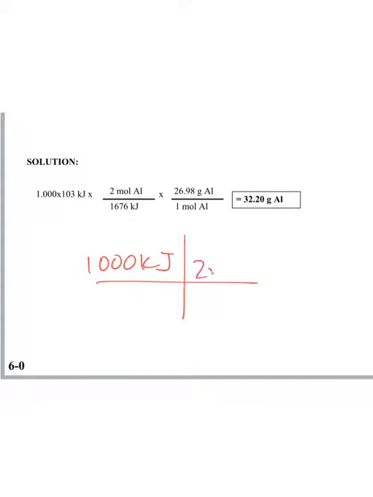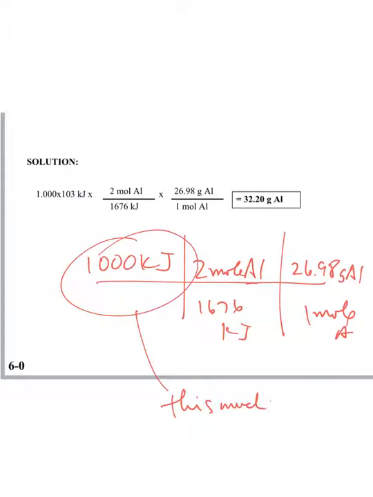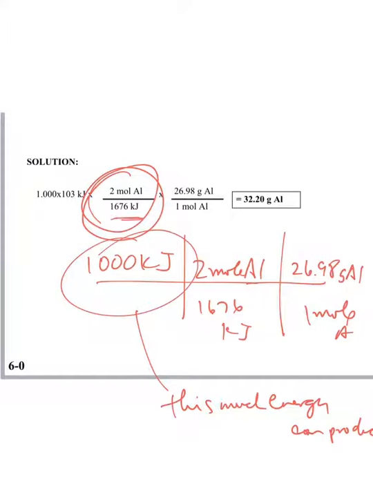Well, the conversion is 2 moles of aluminum corresponds to 1676 kilojoules, and since the molecular weight of the aluminum is this, essentially this is saying that if I had this much energy, I can produce this much aluminum. And it's all based on the fact that when you write the balanced reaction with energy, you have yet a new kind of conversion factor.